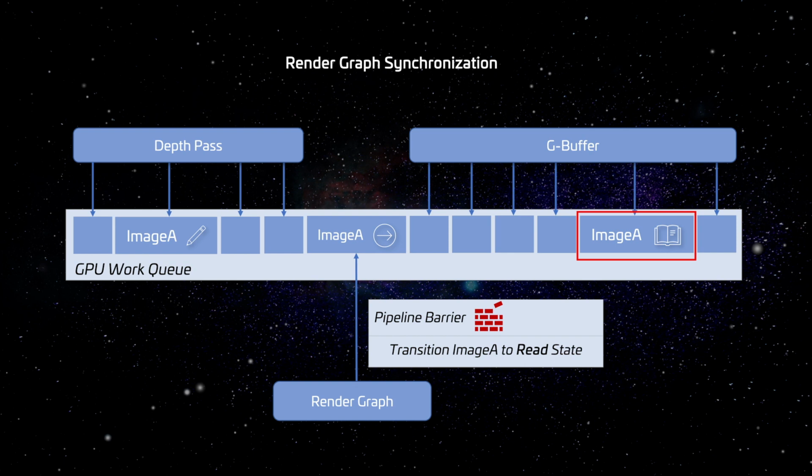So to this end, we insert a pipeline barrier for this transition between the two passes. These barriers are scheduled as GPU work, following a strict ordering dependent on other work that may have happened previously. All the work for a single stage within the frame can be carried out in a single pipeline barrier.